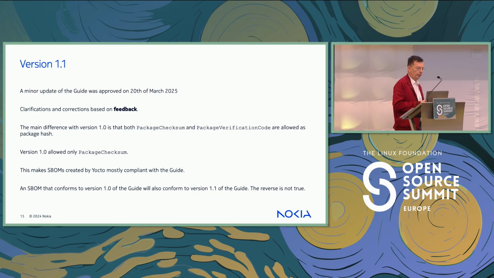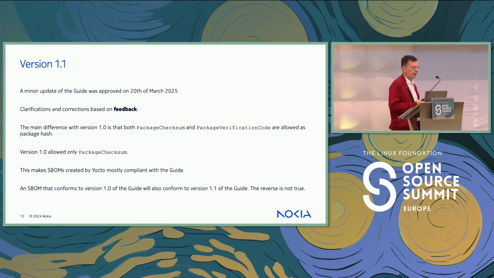The Yocto people told us that Yocto does not provide the package checksum. In version 1.0, we said that the hash should be provided by the package checksum attribute of SPDX. But instead, Yocto produces another way for the hash, which is the package verification code. So the main difference between release 1.0 and 1.1 is that we now allow both attributes for the hash.